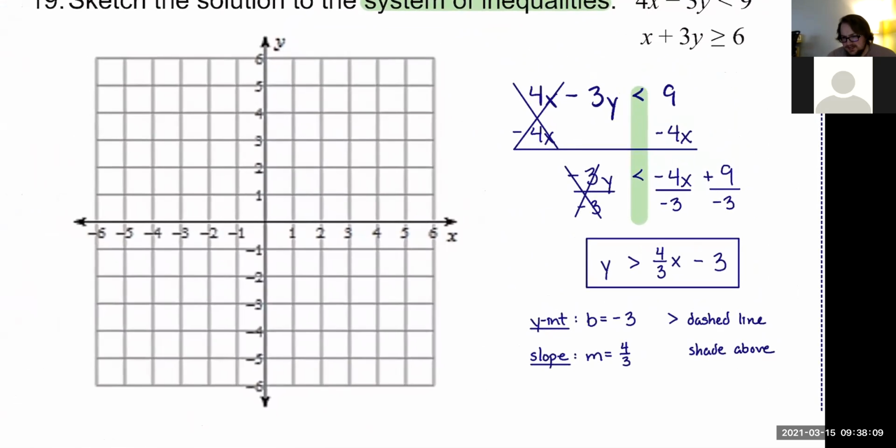So our y-intercept here is going to be a -3. So find the -3 on the y-axis, put your first point. Our slope is 4/3, which has us traveling where from the y-intercept? Up 4, so 1, 2, 3, 4, and then to the right 3. 1, 2, 3.